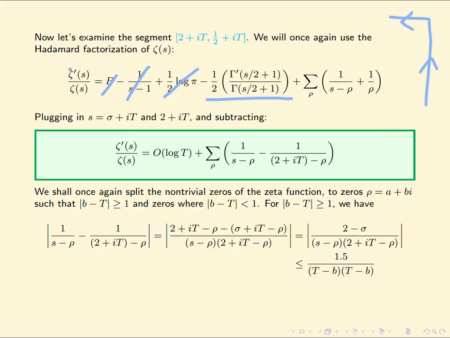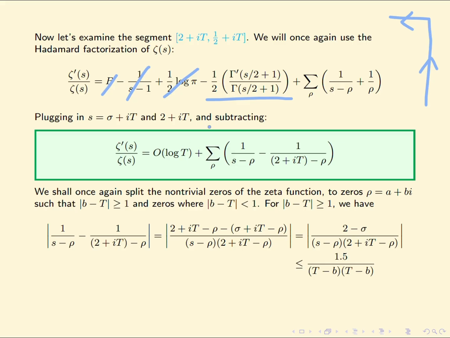And then remember that zeta prime of s over zeta of s, so this is only one copy of it, but the second copy when I subtract is zeta prime of 2 plus it over zeta of 2 plus it. But I already showed that this logarithmic derivative, if you have real part 2, is just bounded, less than a constant no matter what t is. So that's also O of 1, and I can ignore that term.